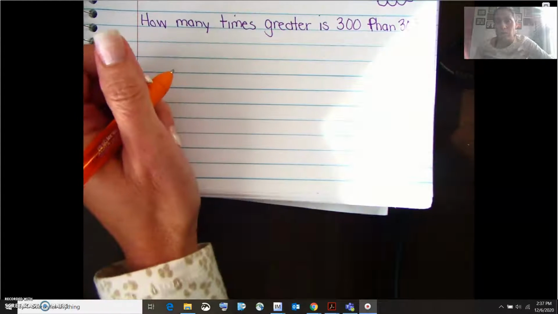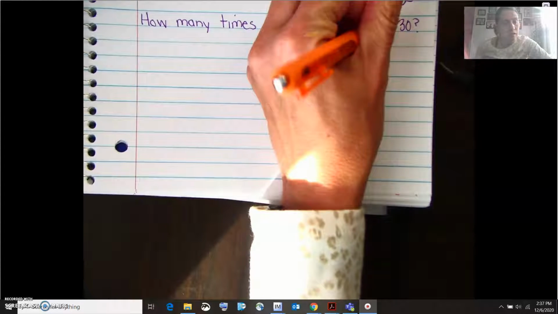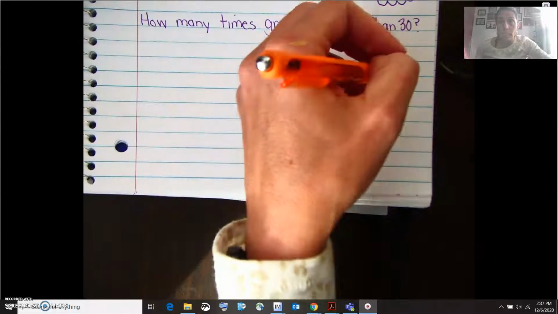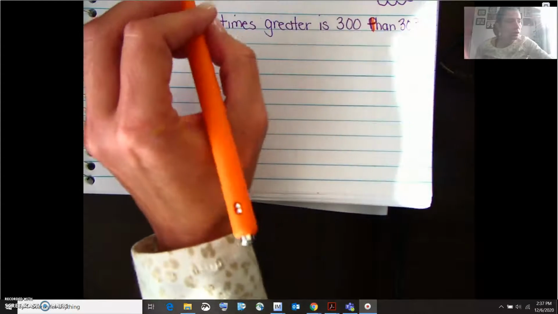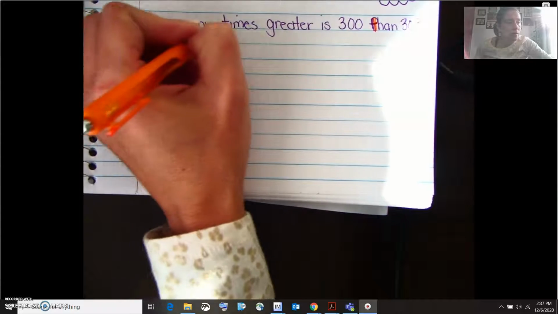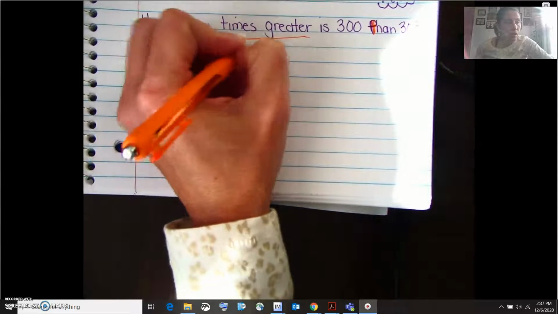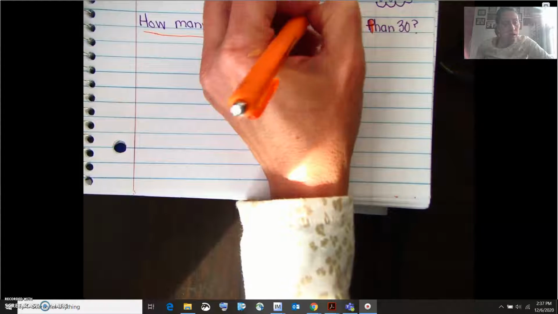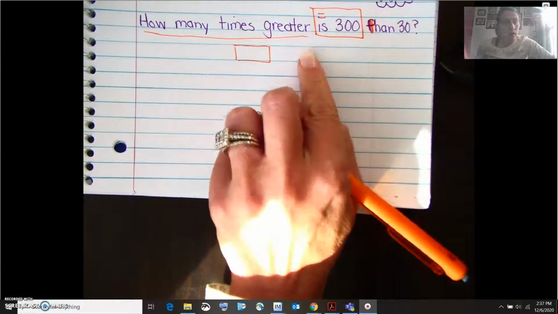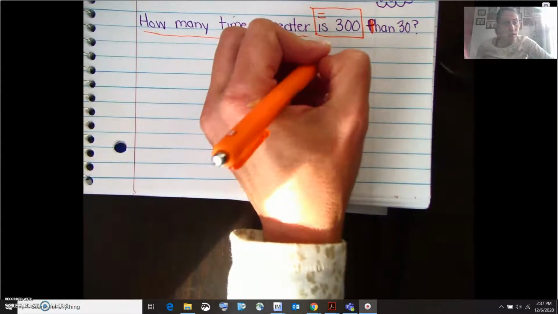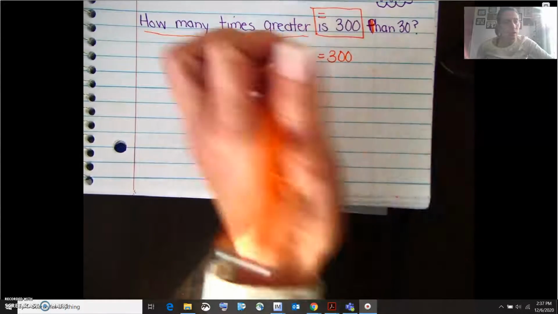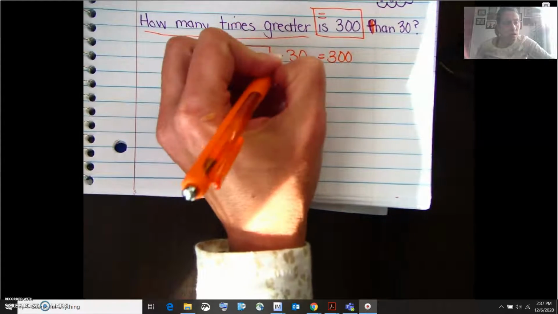Every time we have this, I want you to mark up your problem so you know what you're doing. How many times greater is my box? Because we don't know that. Is, remember, is the same as equals, is 300, then 30. So 30 goes here.